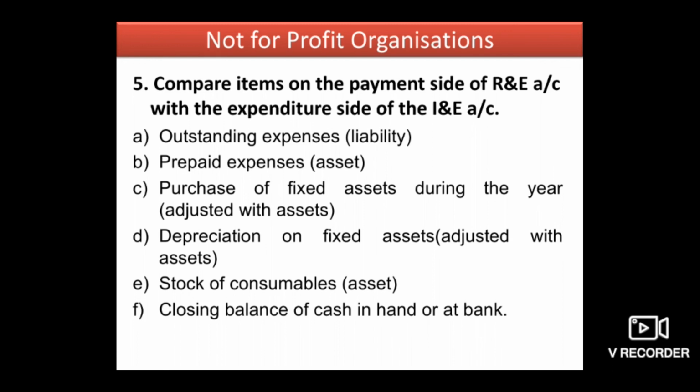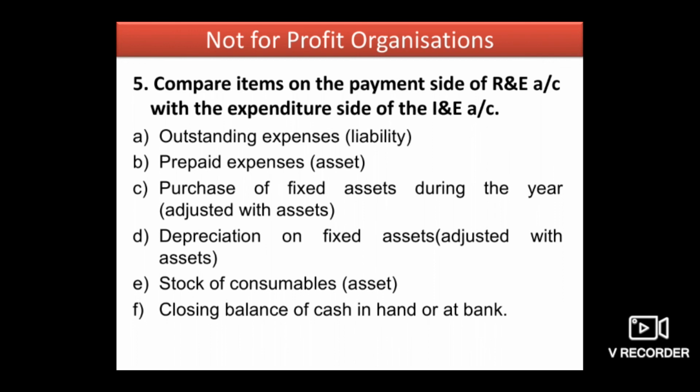Then purchase of fixed assets during the year. Purchase of assets during the year should be adjusted with the fixed assets in the balance sheet. Then depreciation on fixed assets, that should be adjusted with assets. The depreciation amount will be deducted from that concerned asset in the balance sheet.